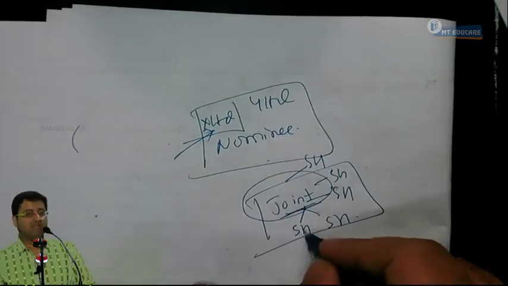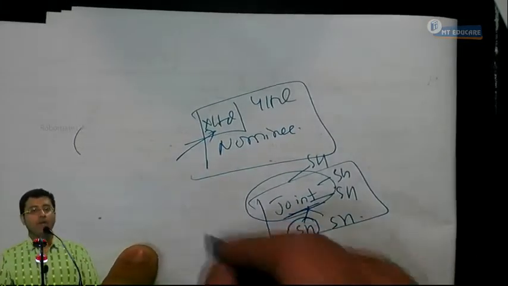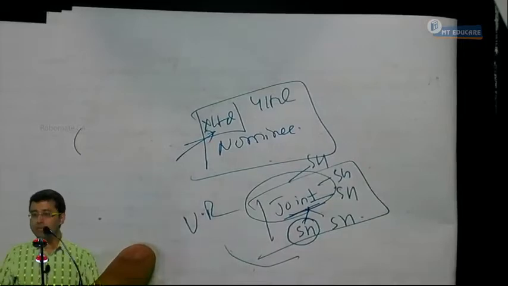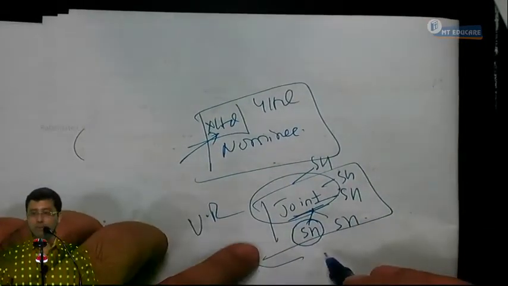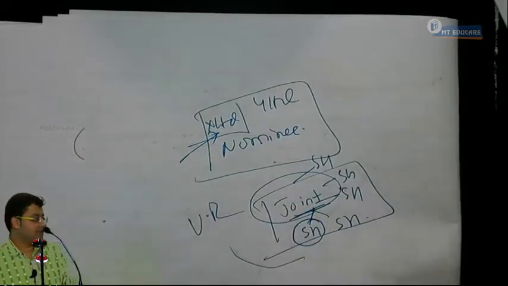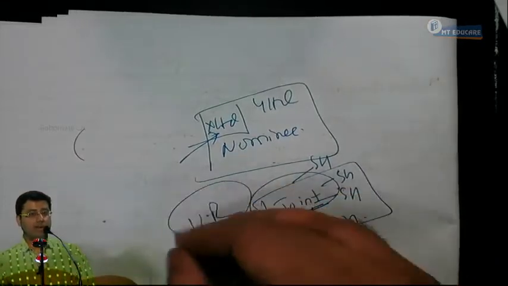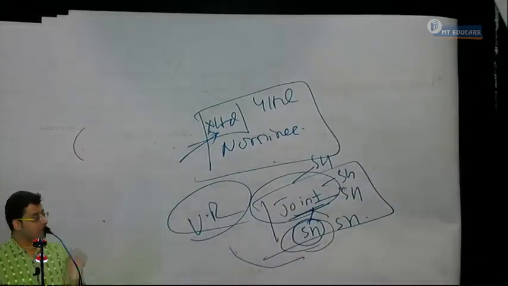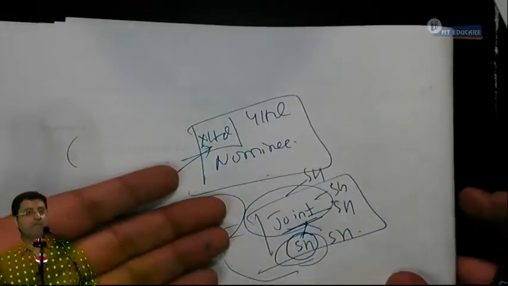The name of that shareholder who is first appearing in the share certificate will only have the voting right. That means even if the share certificate has 5 joint shareholders, only one shareholder can vote in the meeting. Others will just look at his face. That is the concept. So for a joint shareholder certificate, the voting right is always in the name of the first shareholder whose name appears first in the joint shareholding pattern. So you have to verify all these points.